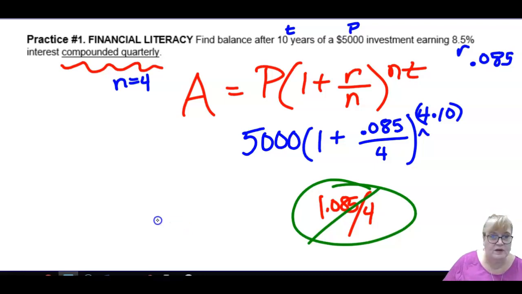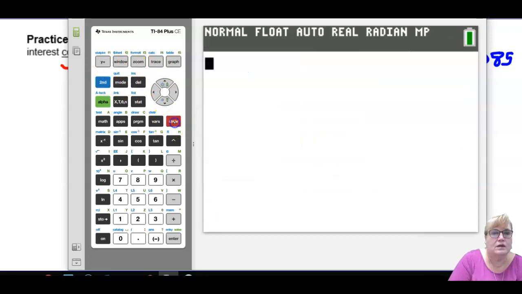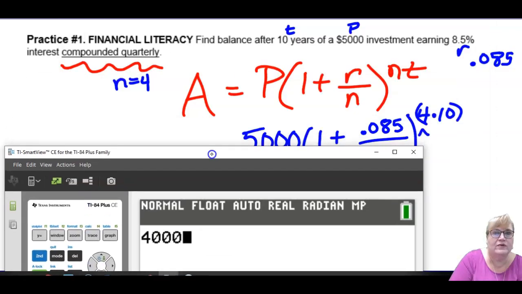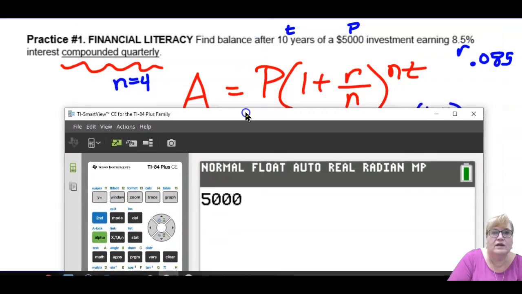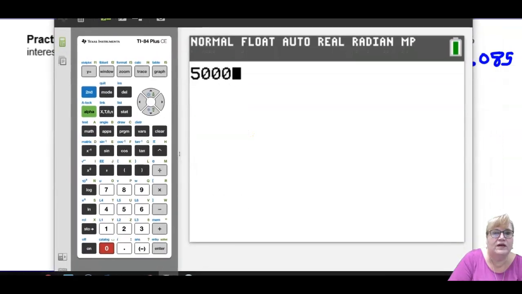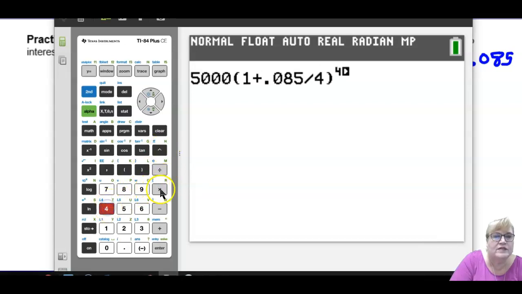All right. I suppose I should type one on the calculator here. So it's 4,000, wasn't it? Or am I wrong already? No, it's 5,000. And then 0.085 and 4, okay. 1 plus 0.085 divided by 4 to the power of 4 times 10.